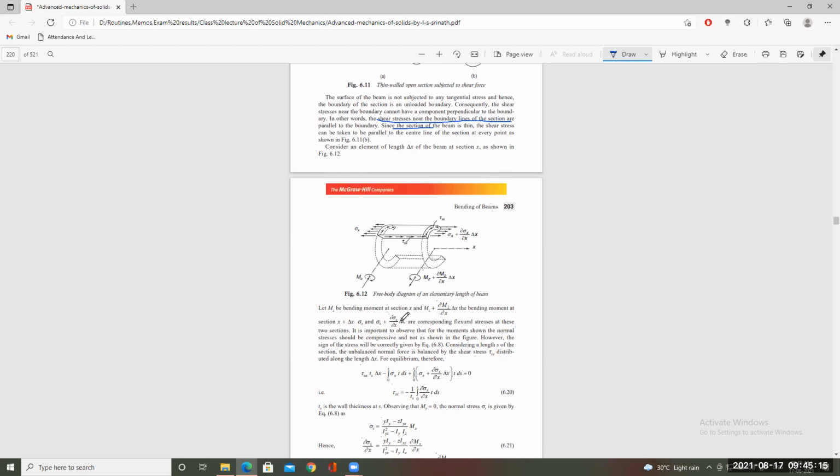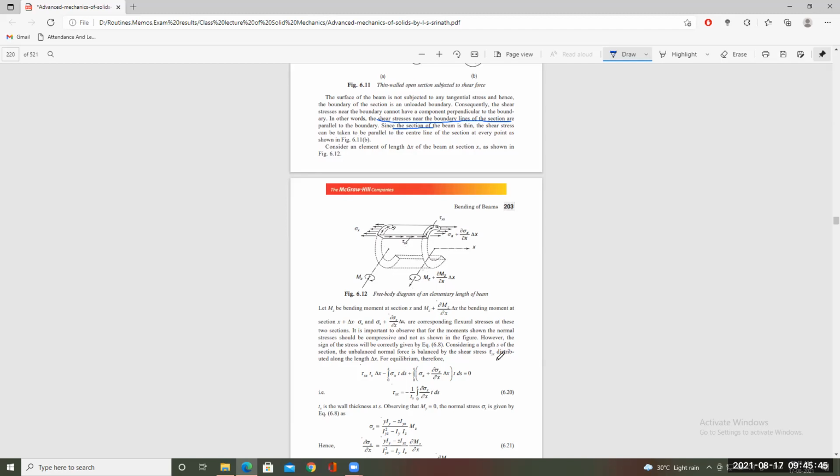And sigma x and sigma x plus d sigma x by dx into delta x are the corresponding flexural stresses at these two sections. So here we have bending moment and flexural stresses, but the bending moment will change due to this change in length, and the flexural stress also changes due to this change in length by delta x.